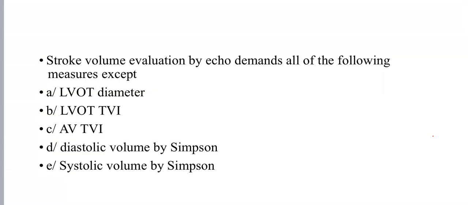Now, stroke volume evaluation by echo demands all of the following measures except: LVOT diameter, LVOT TVI, aortic valve TVI, diastolic volume by Simpson, and systolic volume by Simpson.